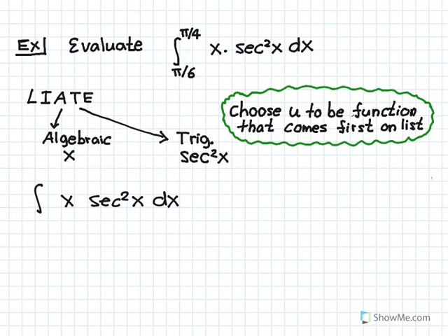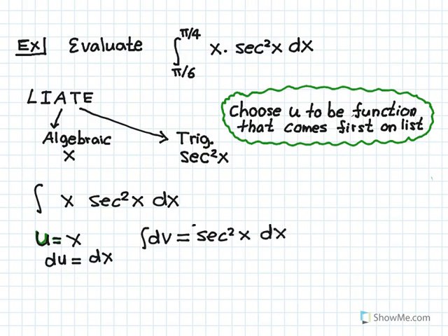So the algebraic function, that's x, so we let u be equal to x, and du is equal to dx. dv will be the leftover, that's secant squared x dx.